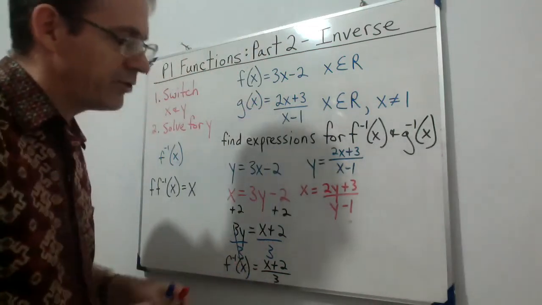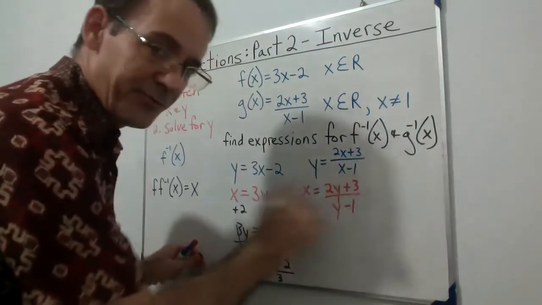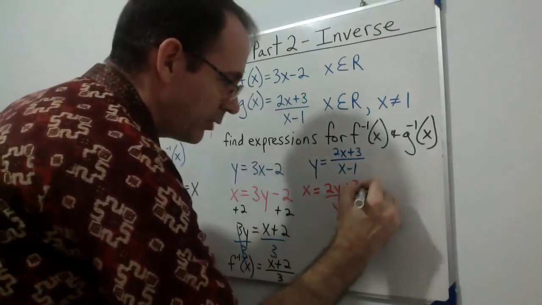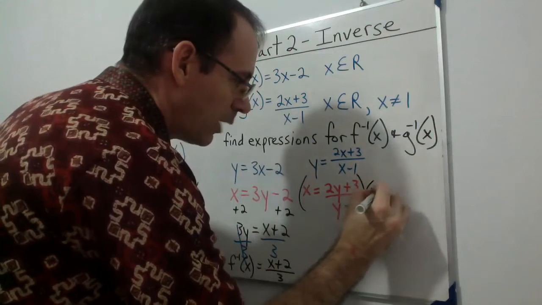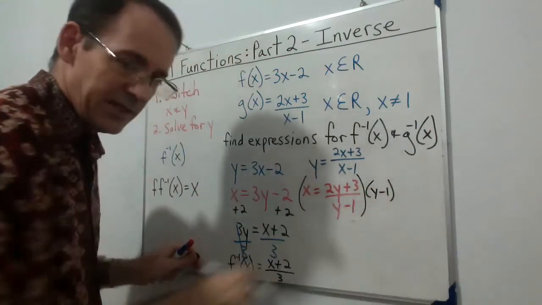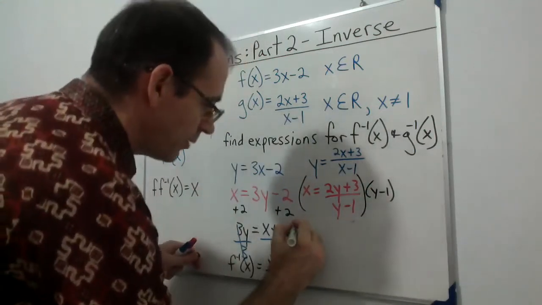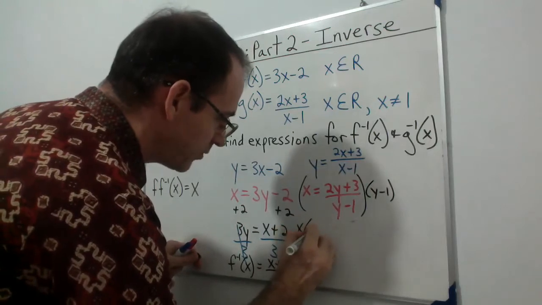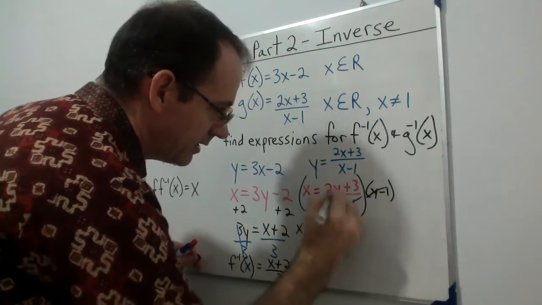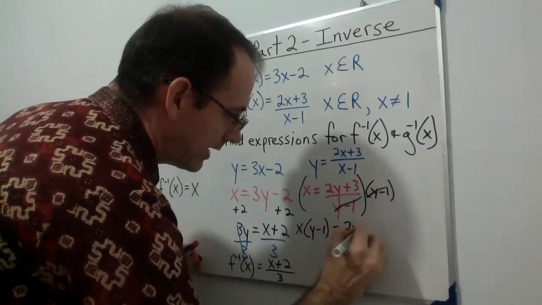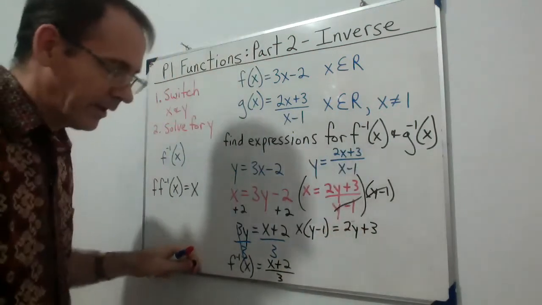So what we want to do is, again, we have fractions in an equation, so we want to multiply both sides by y minus 1 to get rid of this fraction. So what we end up with is x times (y minus 1). Here it cancels, and you get just 2y plus 3.